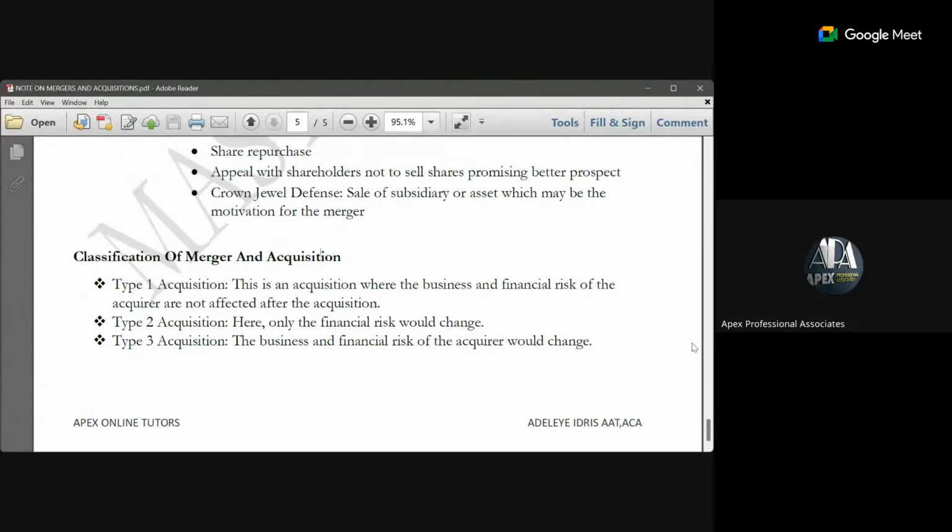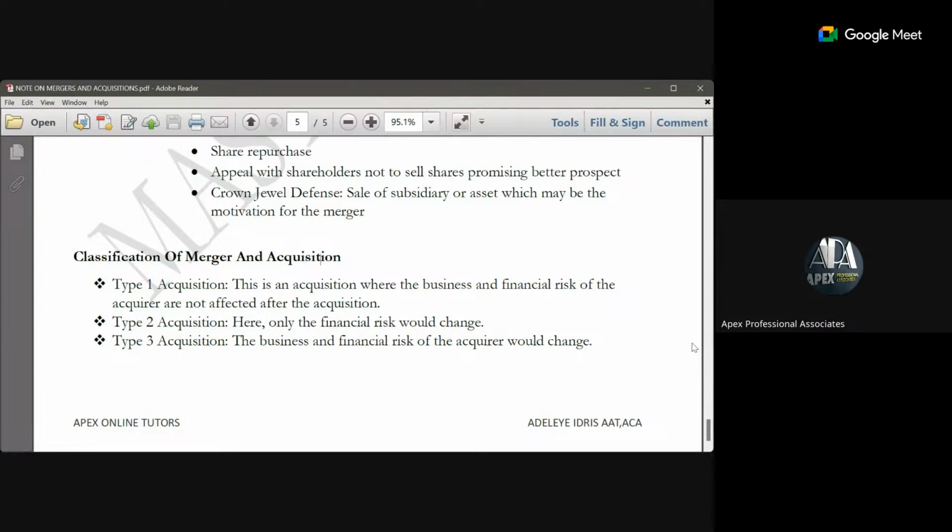A type 2 acquisition, only the financial risk will change. So all of this classification of mergers and acquisition will help us identify, when we start solving questions, what type of acquisition this is. Is it a type 1, a type 2, or a type 3 acquisition? We will be able to identify. For type 2 acquisition, only the financial risk would change.